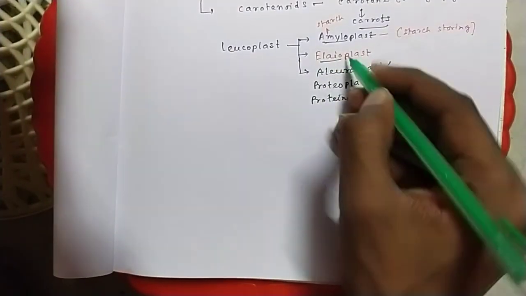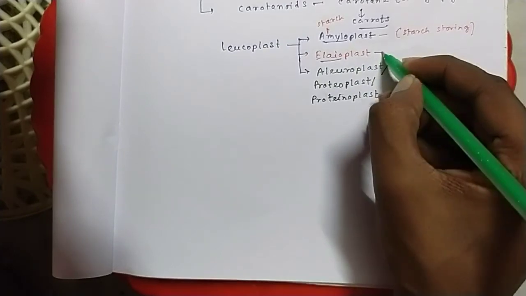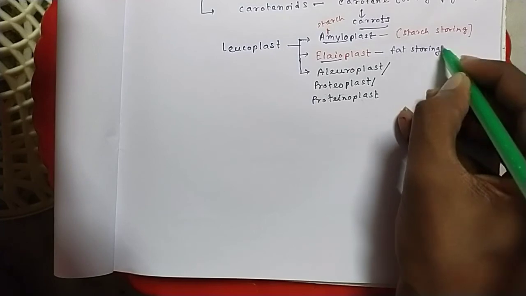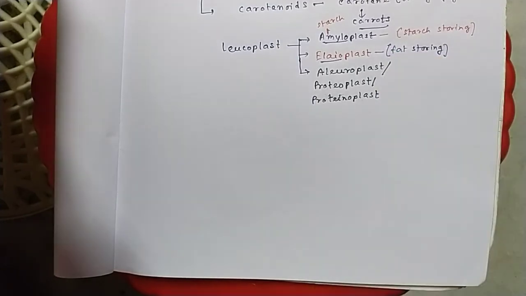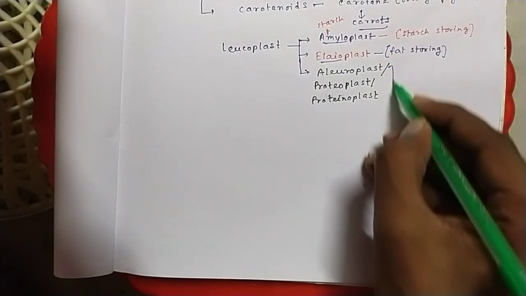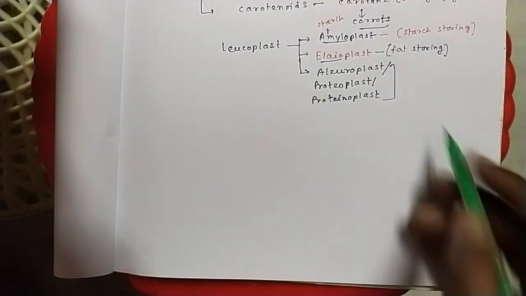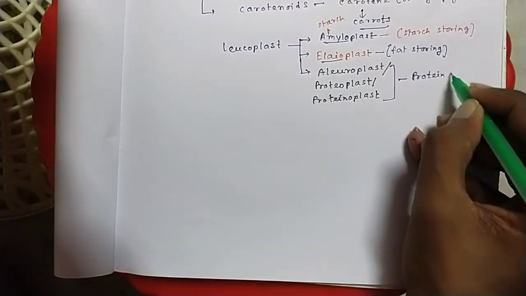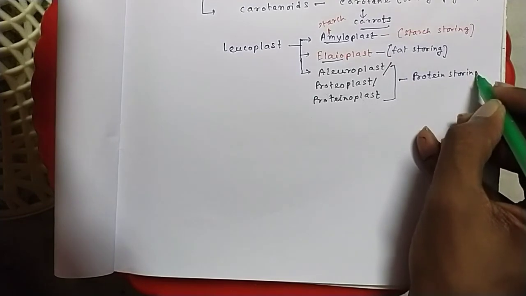Now what does elaio mean? Elaio means oil or fat. So they're basically fat storing leucoplasts. Now we have the last category, aleuroplast or proteoplast, which clearly says that they store proteins. So protein storing leucoplastids are called aleuroplast or proteinoplast. Standard books use these terms.